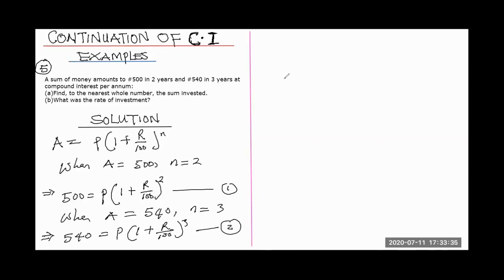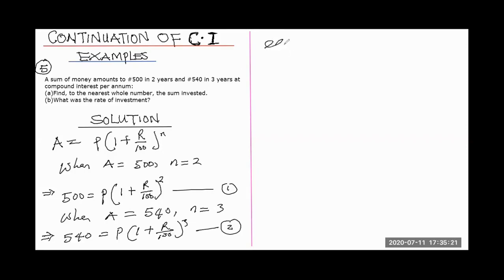Your primary motive is to eliminate one of the variables by an operation, either multiplication, division, subtraction, or addition. So when we divide, this P cancels this P, and that eliminates the P. If you subtract, they will still be here. But if you divide, P cancels P, and you will now have only variable R remaining. So that's how we know we divide.